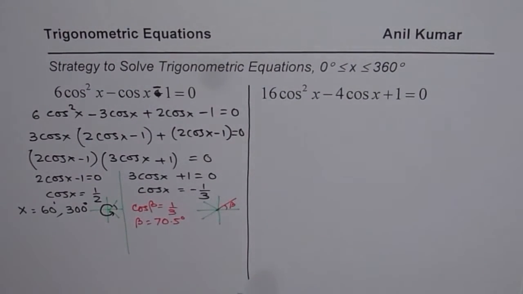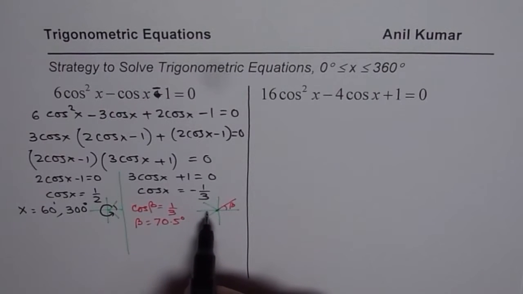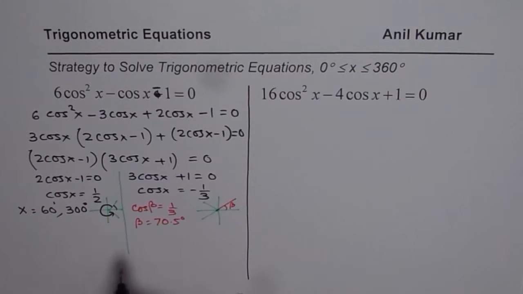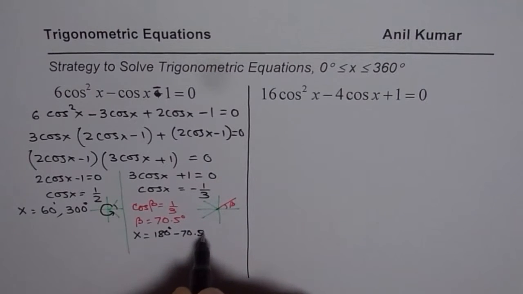Now that is the acute angle, which is going to give us cosine x as 1 over 3. The answer we are looking for is cosine x equals to minus 1 over 3. That means we should be in quadrant 2 or in 3. So if you are in quadrant 2, in that case x value will be 180 degrees minus 70.5. Is it okay?